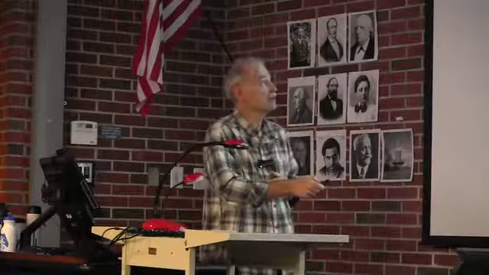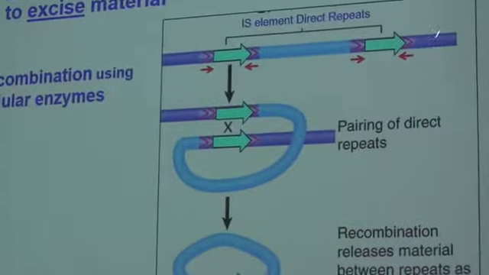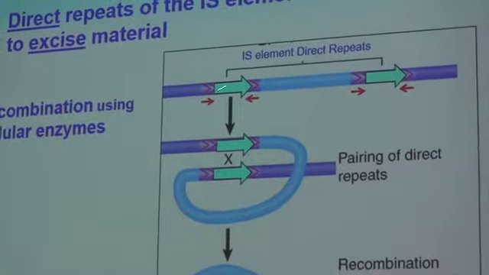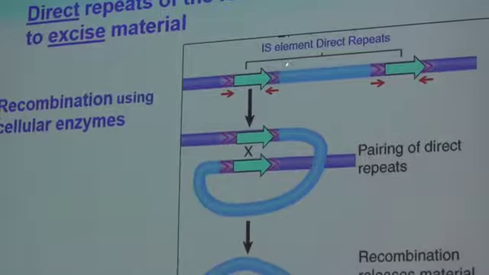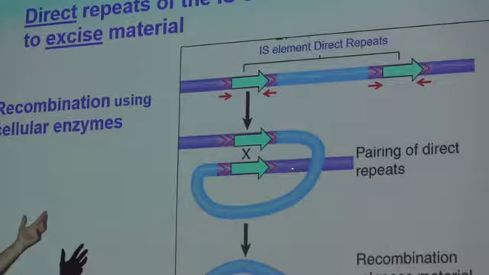It's homologous recombination. So if the two IS elements are in direct repeat of each other, notice they each contain within them inverted repeats, these little red arrows, but the entire IS element is in direct repeat with a second copy of itself. Then in order for it to line up with homologous recombination, you're going to have to do this little flip of the strand.